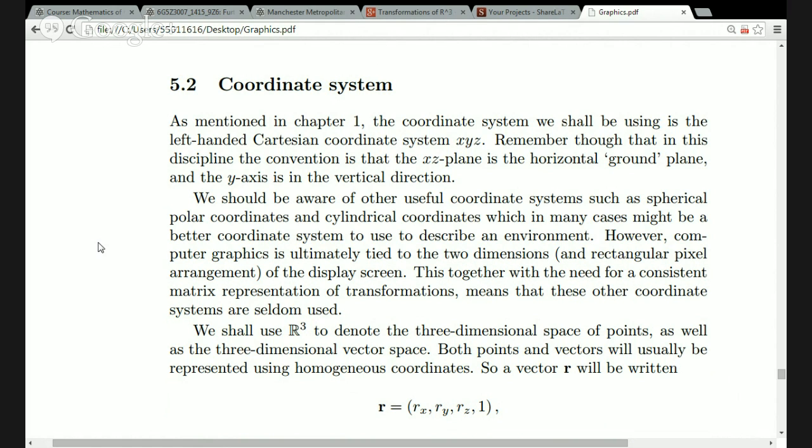Also, because we want a consistent way to represent transformations, we want to always represent them using matrices. And the Cartesian coordinates X, Y, Z are a natural choice for representing things using matrices. So for that reason, these other coordinate systems, while very useful for studying phenomena in 3 dimensions, don't really make much of an appearance in computer graphics.